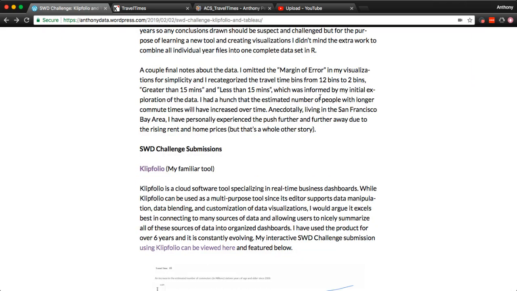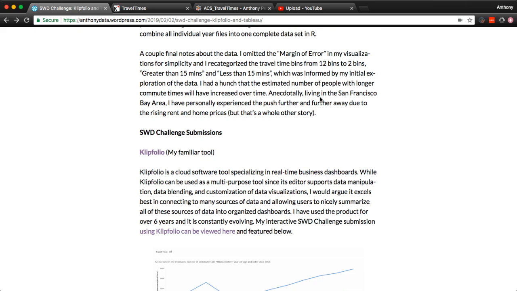You do have to know in advance what your KPIs are, and make sure that they're actionable, to really get the most use out of it. And for initial exploration, features like applying filters and changing views can all be done in Klipfolio as well. But if I were someone who wants to dig deeper into the data, I would not limit myself to just a tool like Klipfolio or just Tableau.